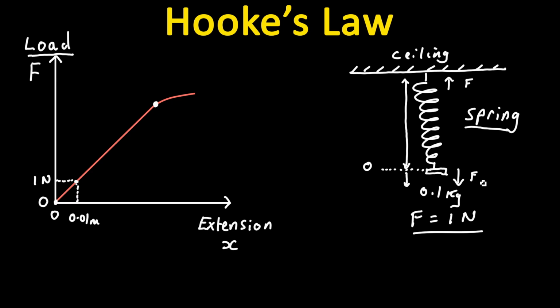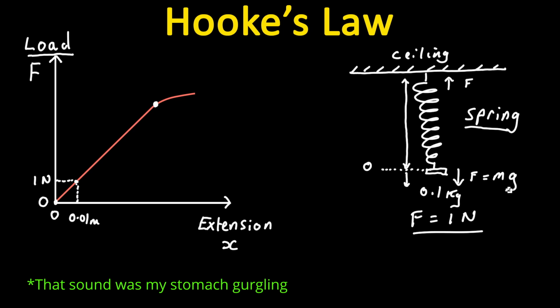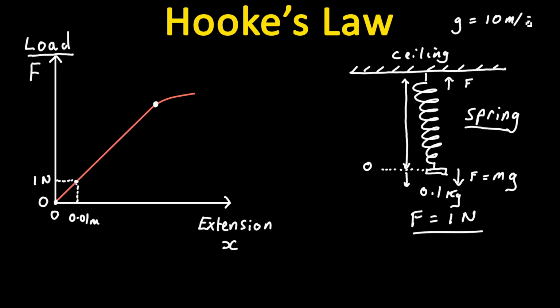And remember, the force due to gravity is equal to the mass of an object multiplied by the acceleration due to gravity. And I'm assuming here, just to make our calculation easy, that g is equal to 10 meters per second squared.